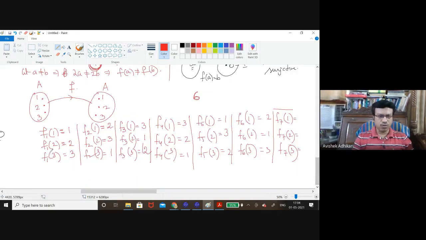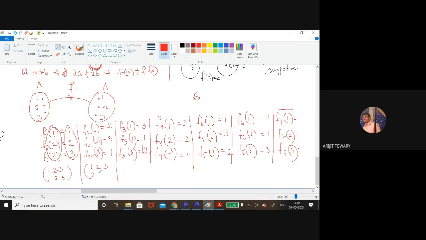And this could be written in a simpler way, in this notation. So this row corresponds to this column, and this column corresponds to this row 1, 2, 3. Okay, so now tell me what should I write here row-wise? 2, 3, 1.